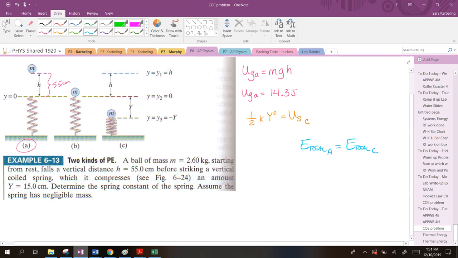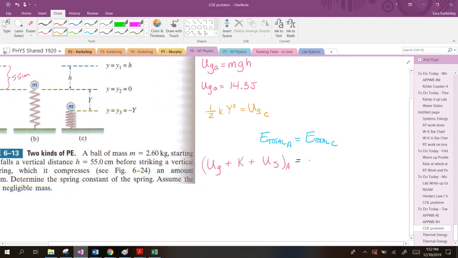Gravitational potential, kinetic, spring potential. And there's a spring involved, and there's an earth involved, and there's movement involved, so all three of them are there. So we're going to go ahead and write them all down. Gravitational potential and spring potential and kinetic at the beginning, this is all at A, has to be equal to, we're doing it in orange, gravitational potential plus kinetic plus spring potential at C. Okay?